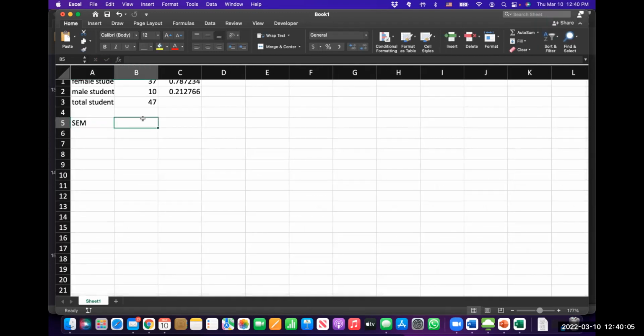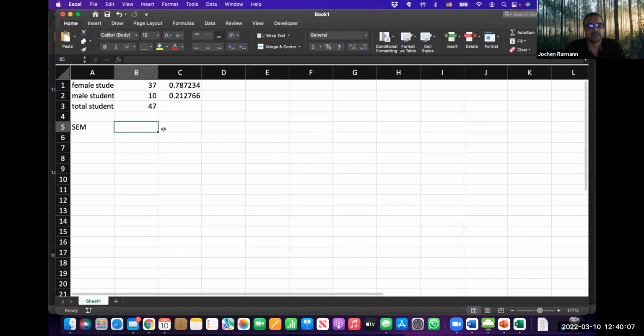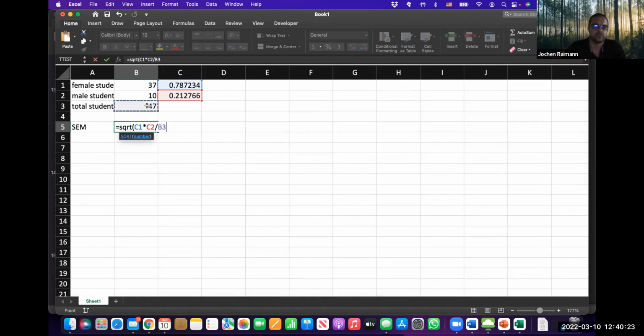Thank you. Okay, sure. So we have a standard error of the mean, which is square root, SQRT, of this multiplied by this, divided by the total number of students, which is 47, right? This gives us a standard error of the mean of 0.06.